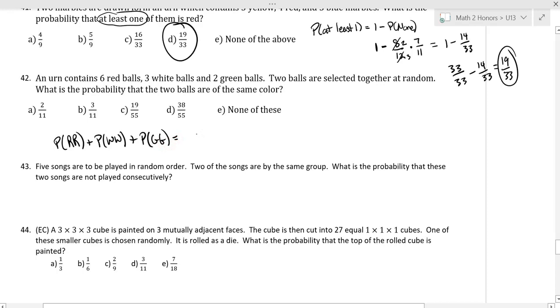All right, 2 red, well, that's 6 out of 11. And then 5 out of 10.